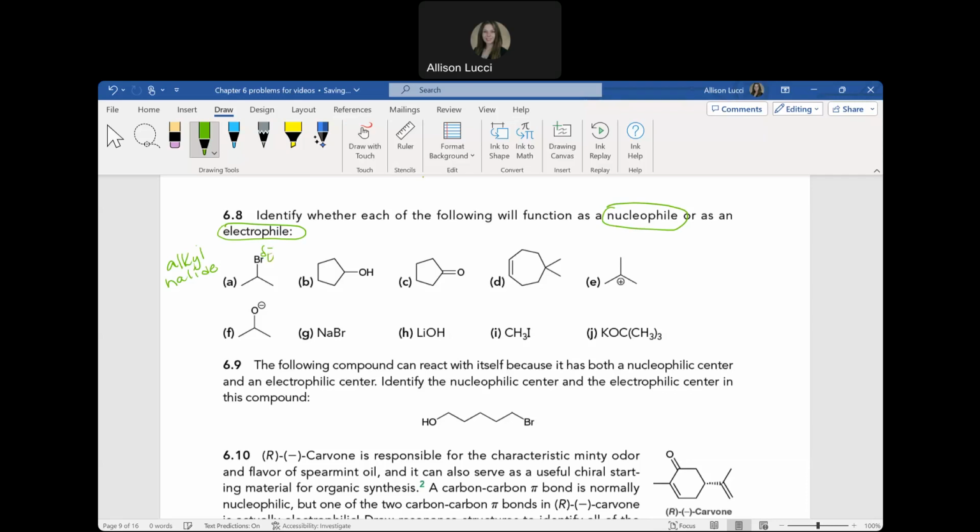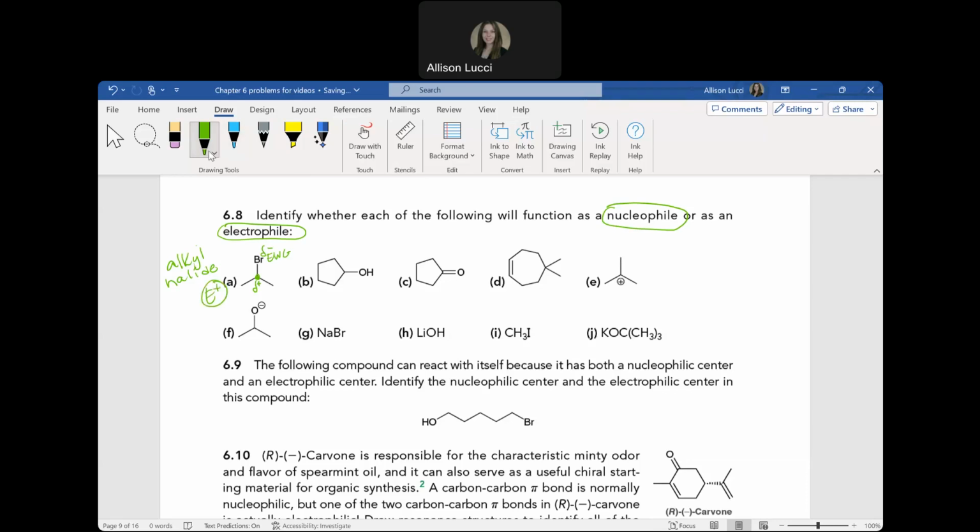An electron withdrawing group here. And this would create a slightly positive site at the carbon. So this would be considered an electrophilic center, right? This is a slightly positive area, so it's looking for electrons. So this would be an electrophile, we'll call this for A.